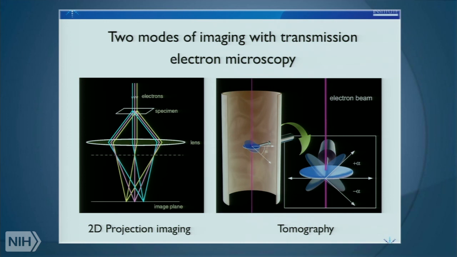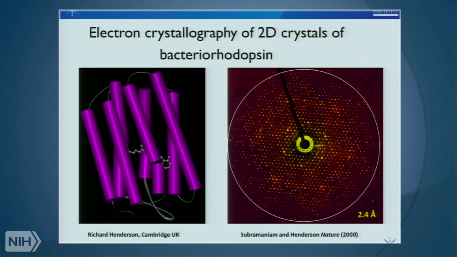There's an alternative approach, which I will touch on as well, which is to use tomography, where the idea is very similar to that used in computerized axial tomography, where instead of averaging information from multiple objects, you collect 3D images from a single object by varying the orientation of the specimen relative to the incident electron beam. And that principle of tomography is also very powerful in discerning structures of large entities like whole cells and viruses.